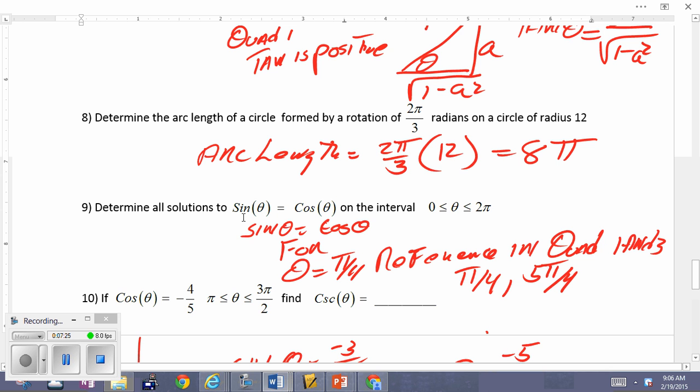So we're looking for anything that's a pi over 4 reference, but that means they have to be of the same sign. Sine and cosine are only of the same sign in the first and third quadrant. So we want those values to occur for those hits on the first and third quadrants. So that's what we got with that.